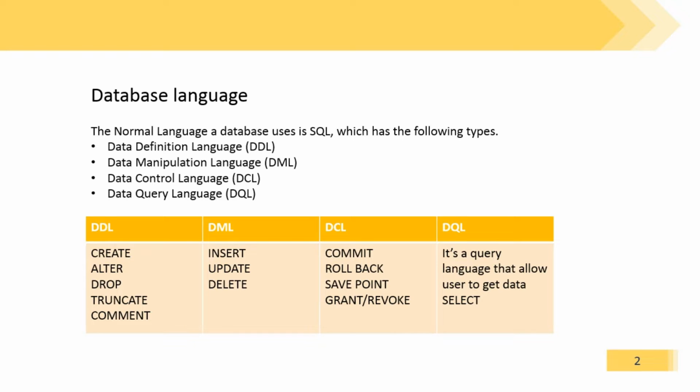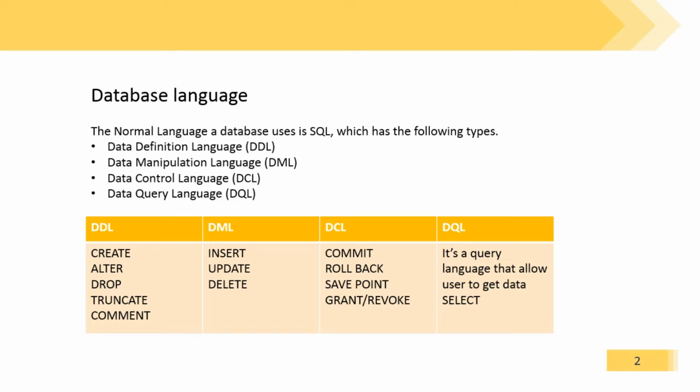A data definition language is used to define the structure for the database, to create tables, procedures, views and all. Data manipulation language is used to manipulate the data present in the table or in the database. Data control language is used to control the access of the data or the database. Data query language is used to get the data from the database.